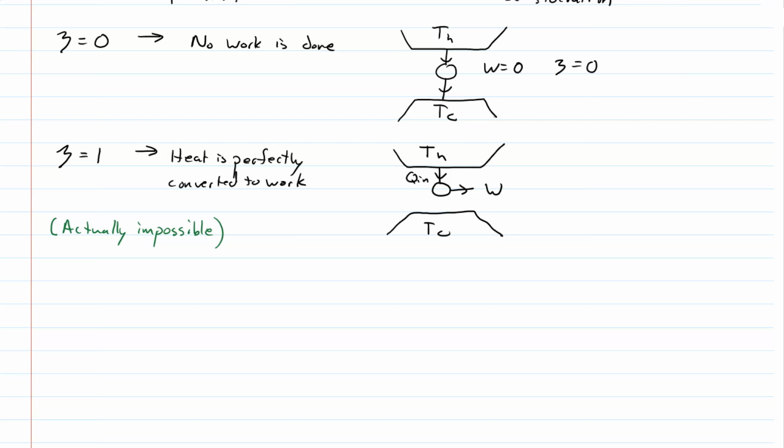Hopefully it's clear that you can't have efficiency bigger than 1, because that would mean that I would be creating more work than I got in, and that's not possible, right? That's a violation of conservation of energy. Eta bigger than 1, W is larger than Q in, which means that energy was created by the engine, which we know is impossible.